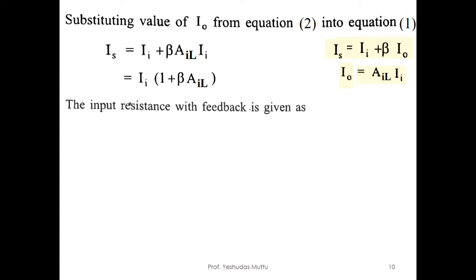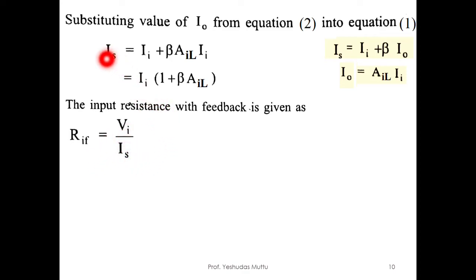Now what is your input resistance? Input resistance with feedback is VI upon IS. I think it is wrongly mentioned on the figure of this particular derivation. Please check and make the changes. It is VI upon IS because IS is your main current source over here. So RIF is equal to VI upon IS.